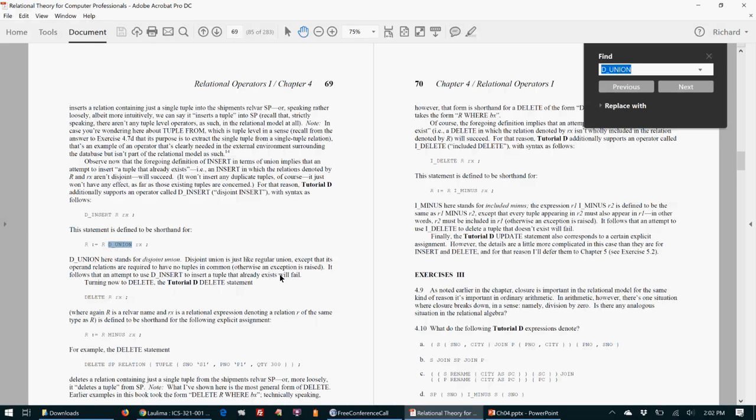Okay, so it's two disjoint relations that are of the same type. So when you do a union of two disjoint relvars, the number of tuples when you're done is going to be the number of tuples in the first one plus the number of tuples in the second one. In other words, there are none in common.